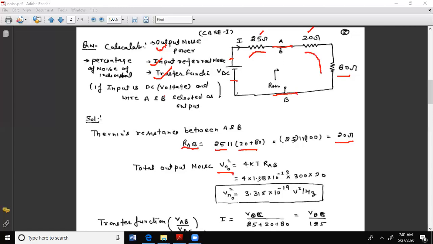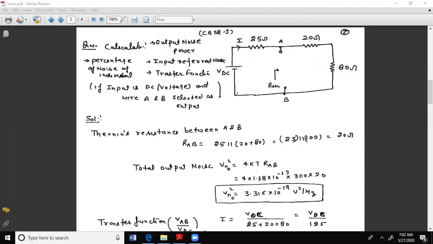So noise is equivalent to 4 multiplied by k, T and R. So the total output noise is equal to 3.315 times 10 to the power minus 19, and the unit is volt square per hertz, because this is divided by the frequency f. So this is 3.315 times 10 to the power minus 19 volt square per hertz output noise.